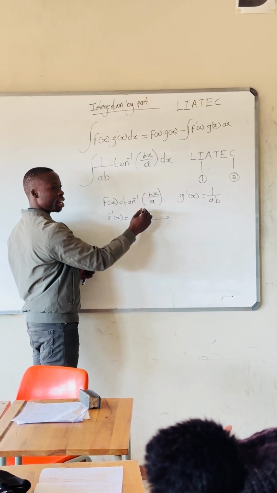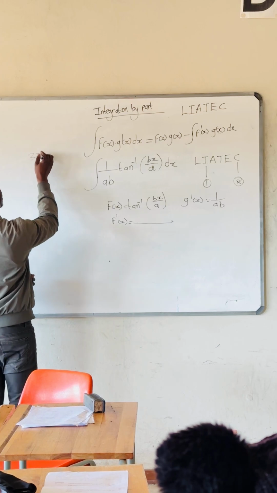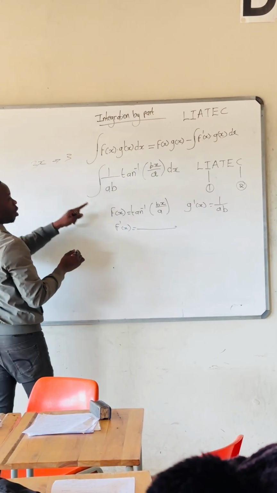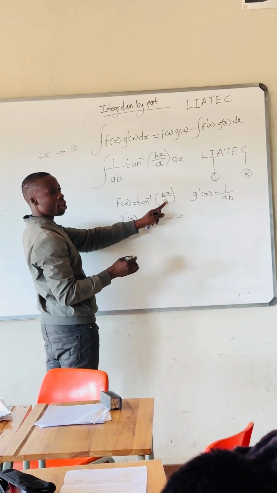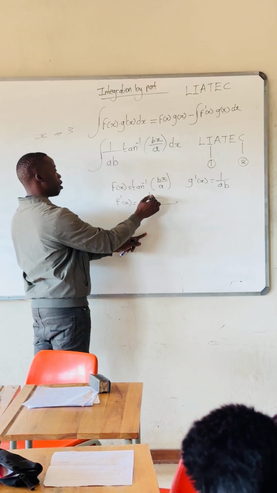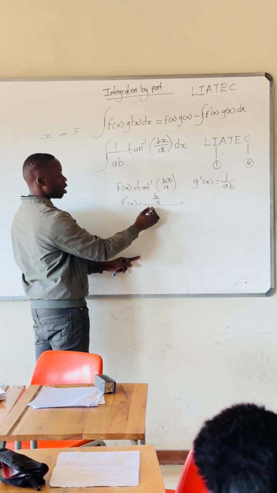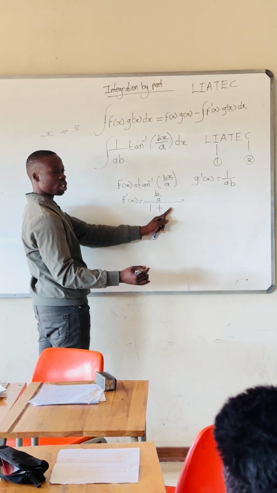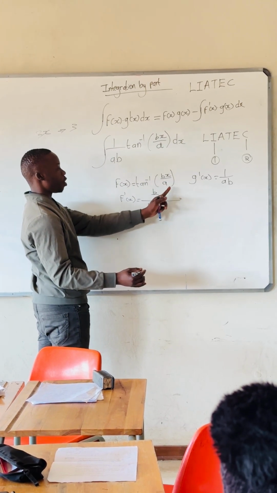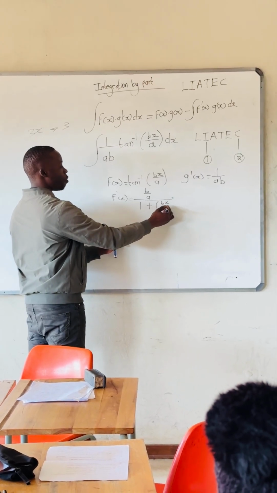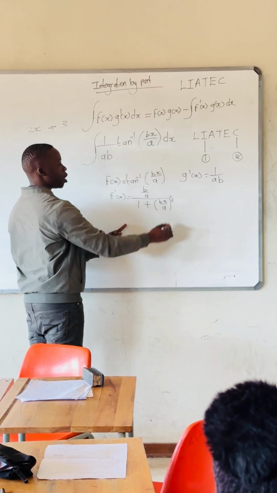Of course, it will be B over A. When you derive Bx, what's the derivative of Bx? It's the constant. Our constant is B over A, so it will be B over A. You put the derivative on the numerator, and then the formula sheet tells us it is 1 plus f of x squared, where f of x is the whole function that we have: Bx over A, all raised to power 2.